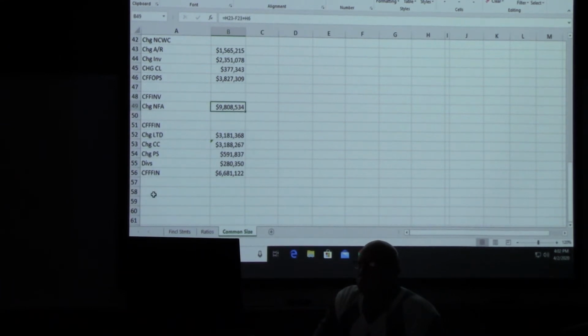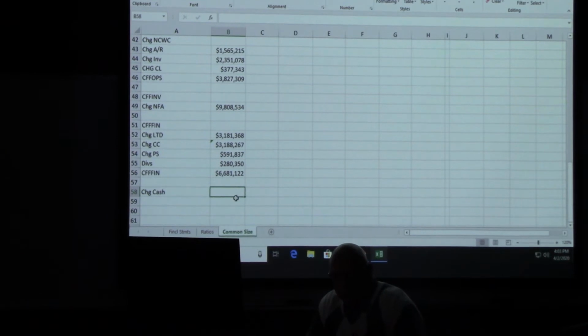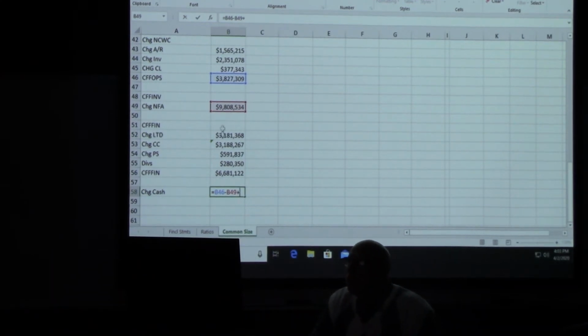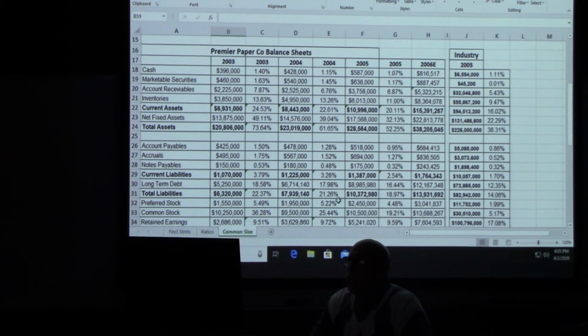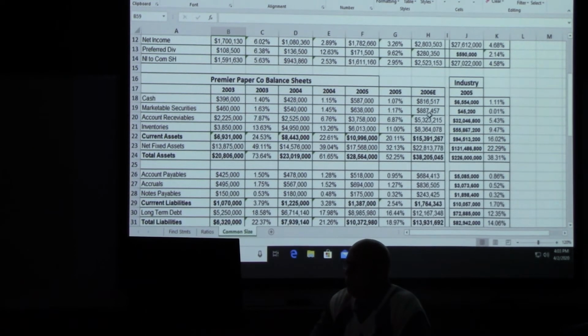So, the change in cash is equal to this minus this plus this. About 700,000. Let's see what the change in cash and marketable securities actually is.